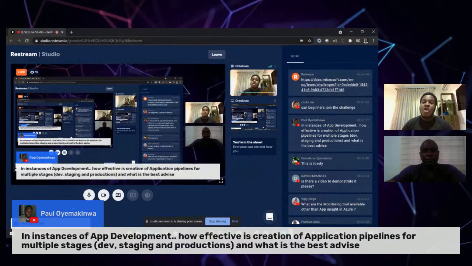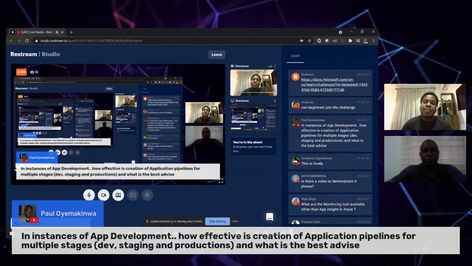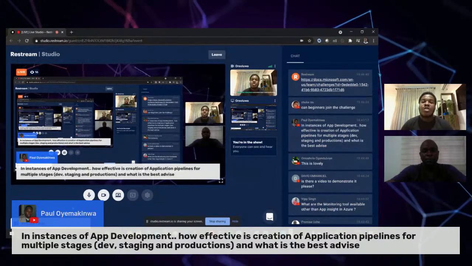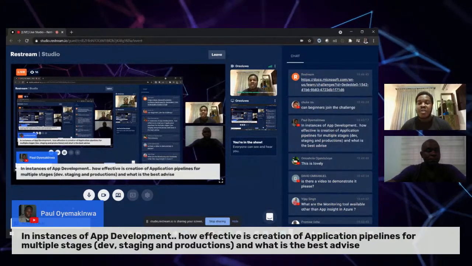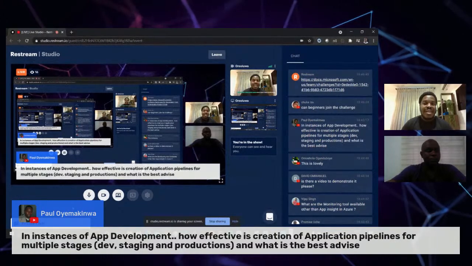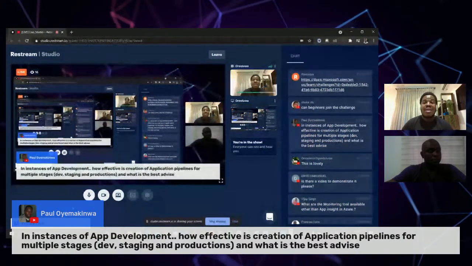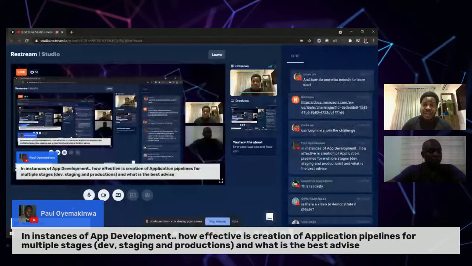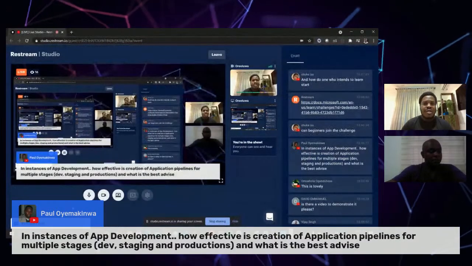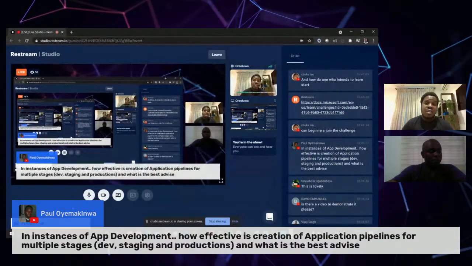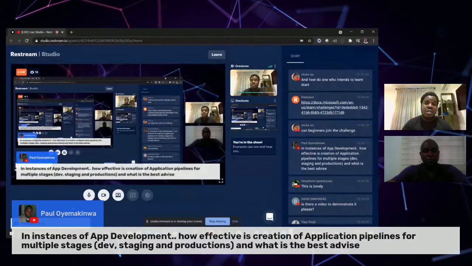So I think it always depends on what you are pushing out and what the stop gaps are before you reach those environments. If that is done properly, you may just have two environments. But if that's not the case, then it's absolutely fine to deploy to all three: dev, staging, and production.